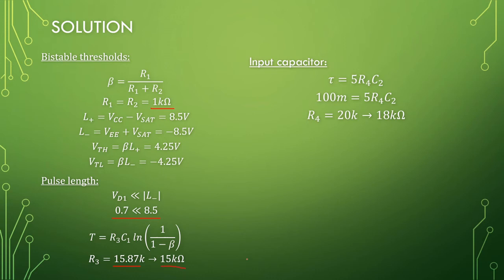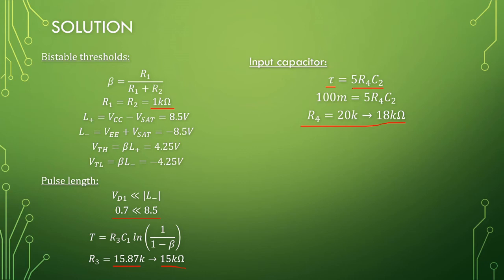And I chose to put in a 15 kilo ohm resistor there. For the input capacitor, our 100 milliseconds will be equal to 5 times R for C2. And we will get the 18 kilo ohm resistor. So that is it for the design.